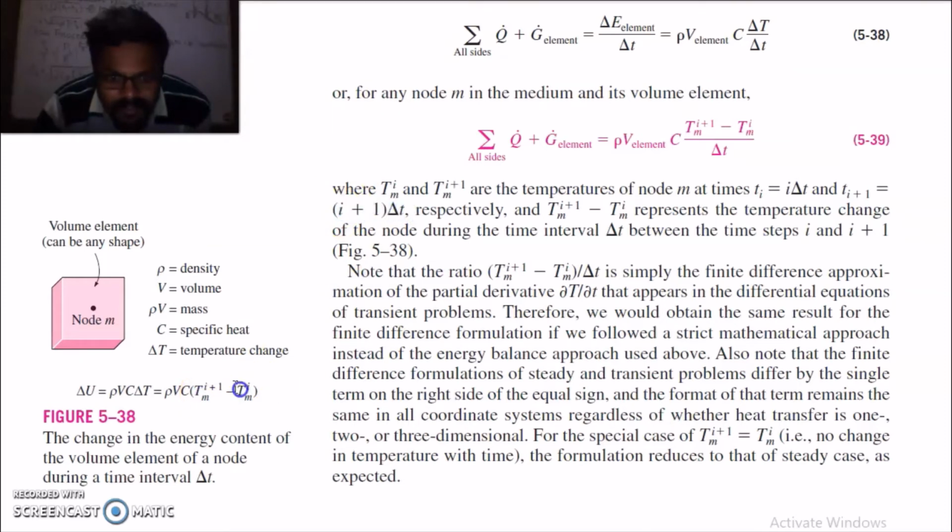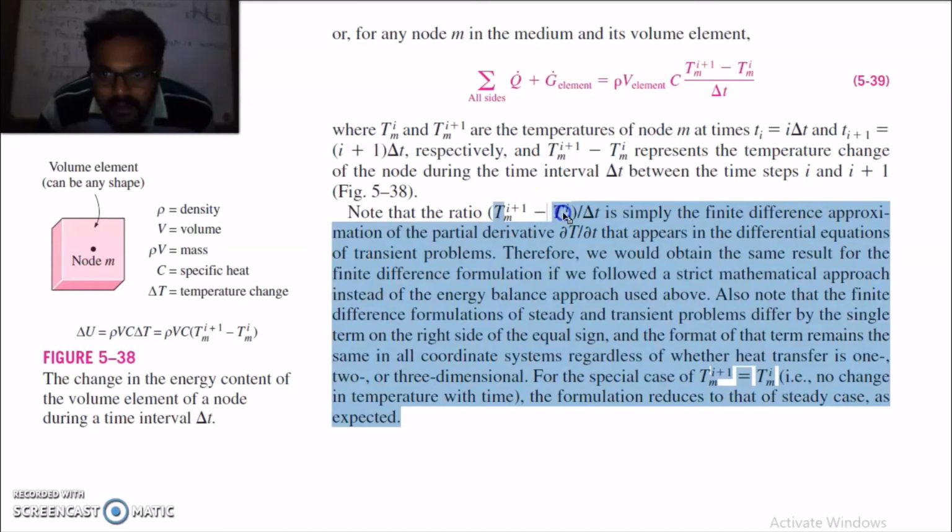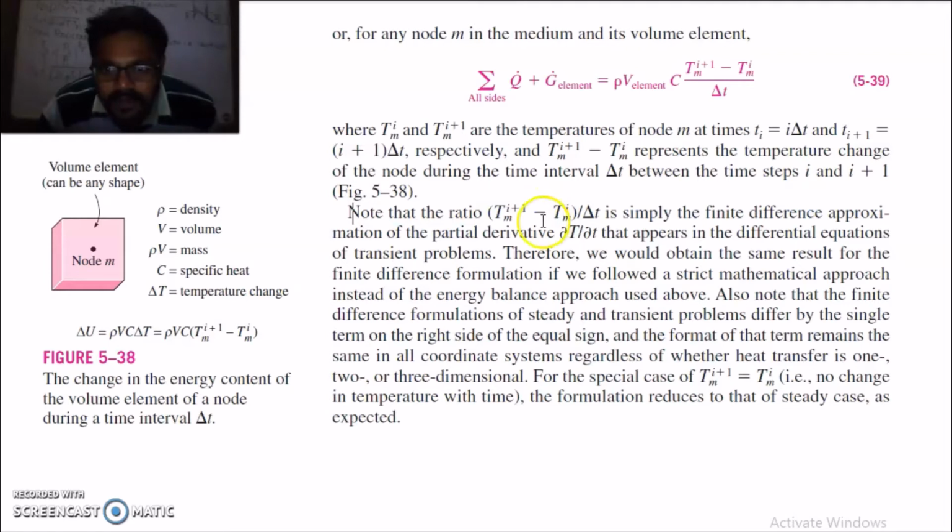So with the change in time your temperature will change. It is the time duration during which your temperature has changed. So that is the total change in the energy content of this control volume. This term is simply the finite difference approximation of the partial derivative ∂T/∂t that appears in the differential equation of the transient problem.